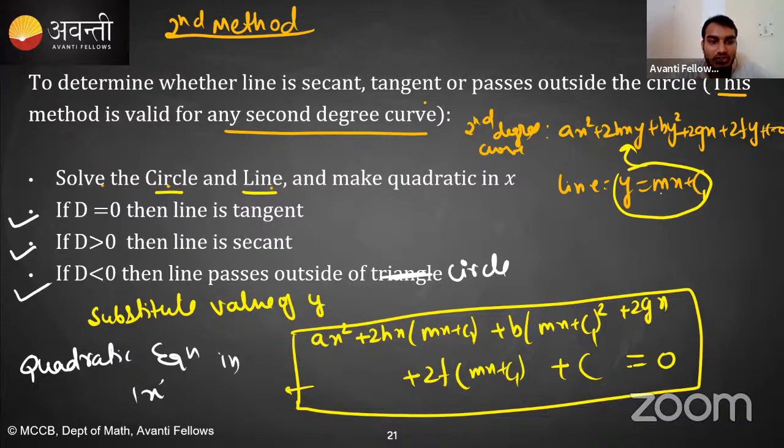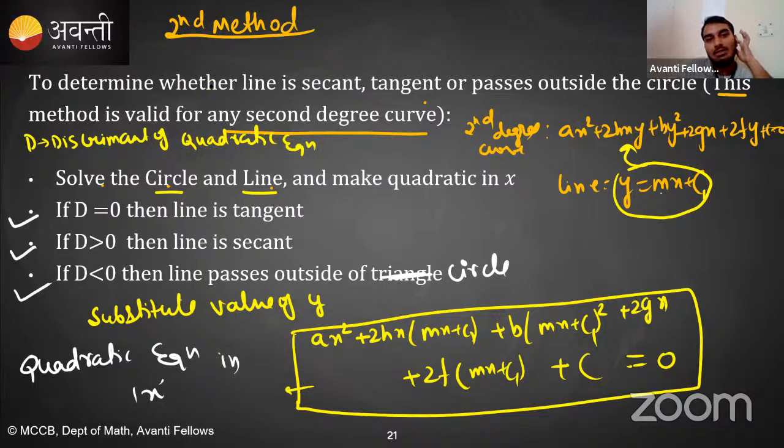If d is greater than 0, then line is secant, and if d is less than 0, then line is passing outside. This d is nothing but the discriminant of the quadratic equation. Is this clear?